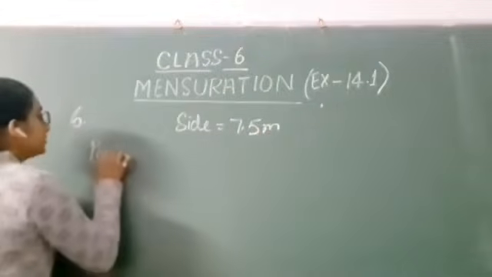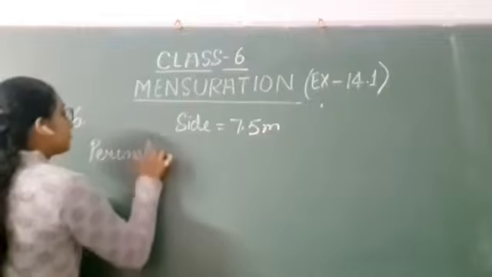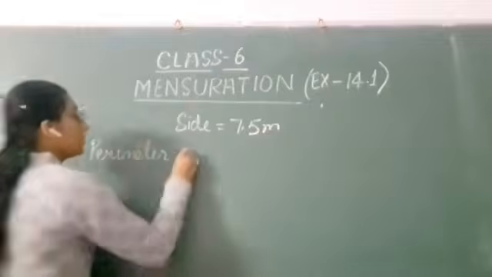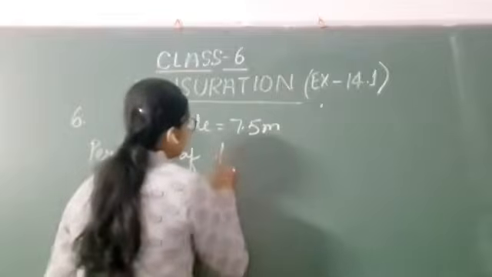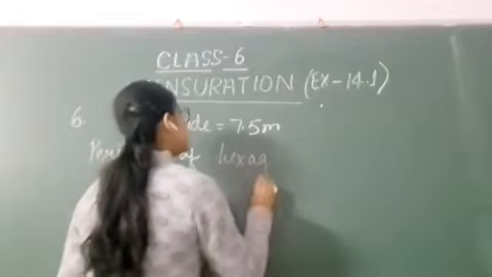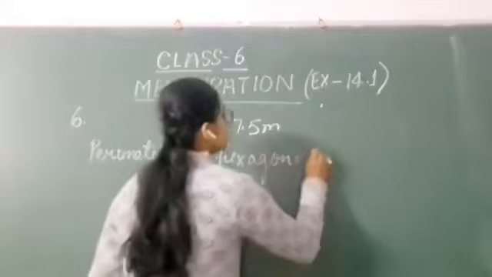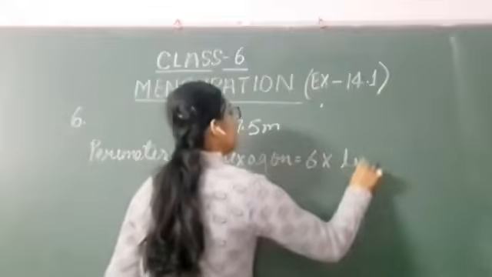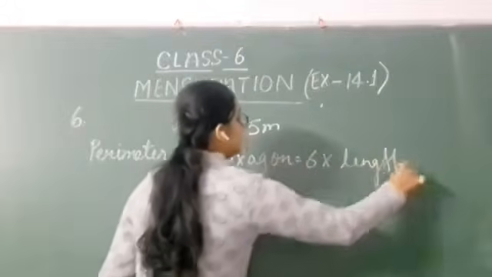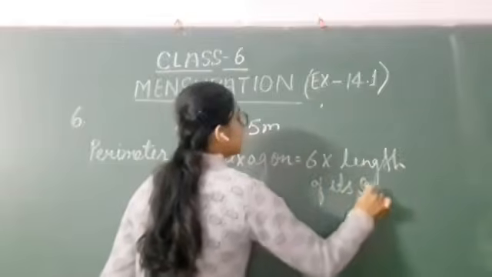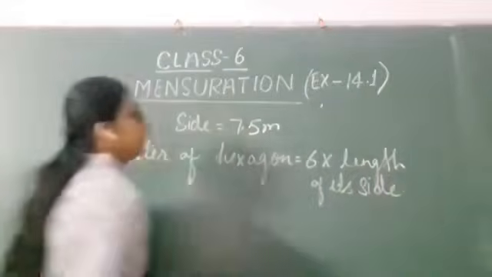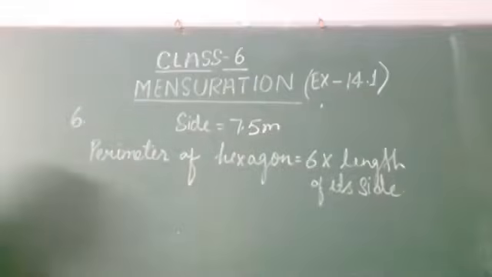Perimeter of hexagon is equal to 6 into length of its side.